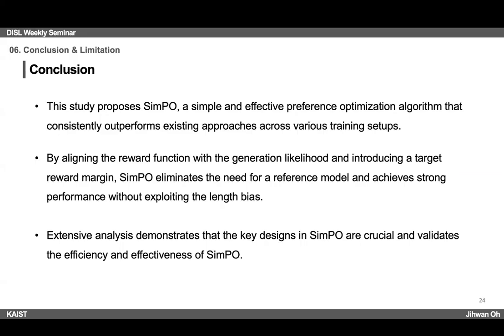By aligning the reward function with the generation likelihood and introducing a target reward margin, SimPO eliminates the need for a reference model and achieves strong performance without exploiting the length bias. And finally, extensive analysis demonstrates that key designs in SimPO are crucial and validates the efficiency and effectiveness of SimPO.